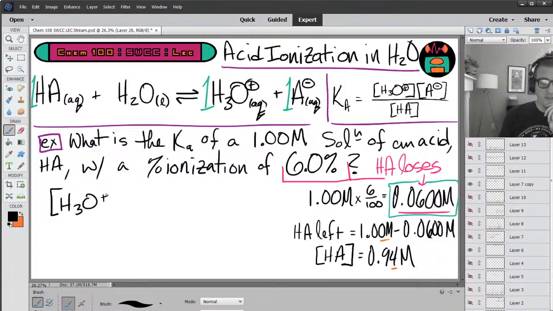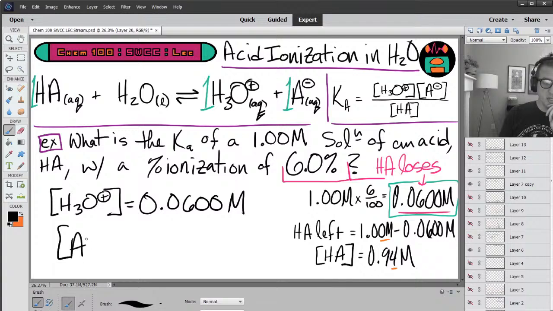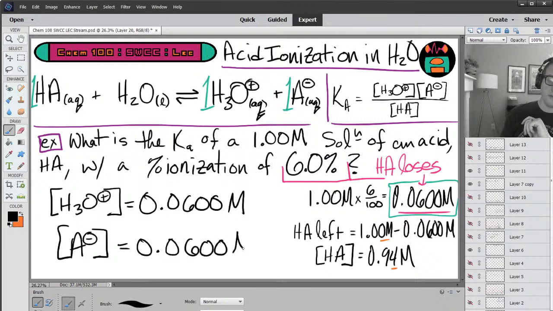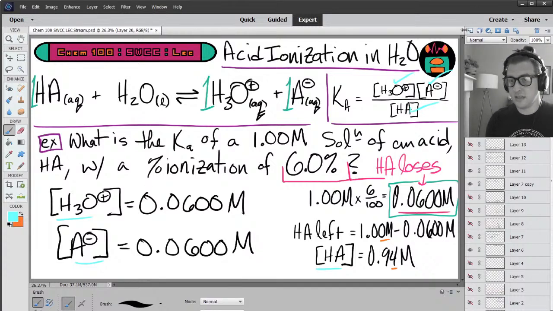So our concentration of hydronium is 0.0600 molar, and our concentration of conjugate base is 0.0600 molar. So we actually now have all three pieces to calculate the acid ionization constant.